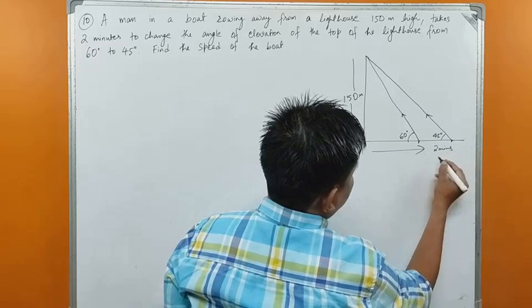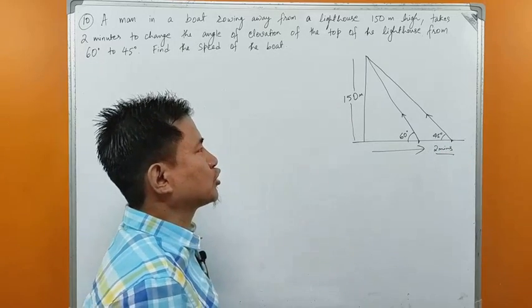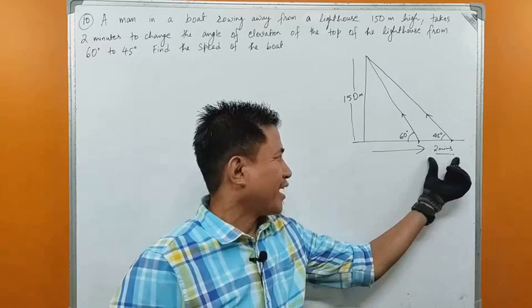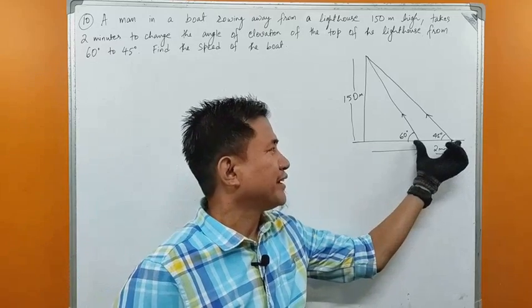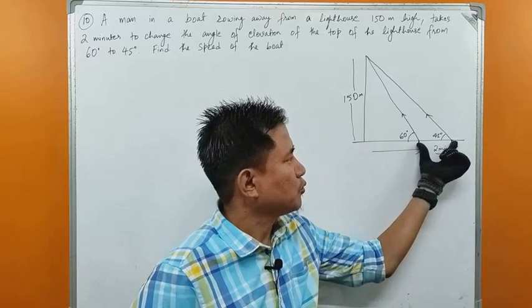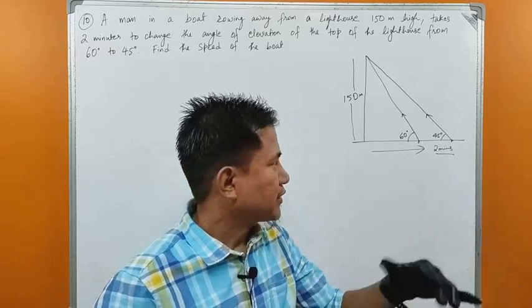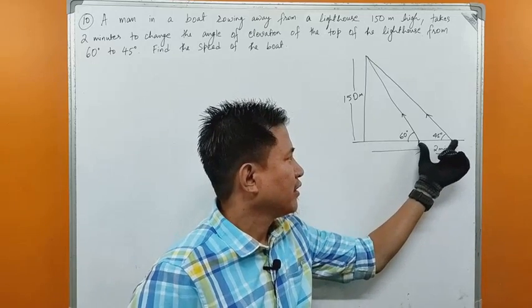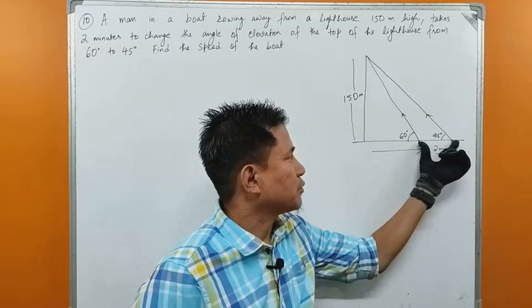We are asked to find the speed of the boat. We are provided with time, so we now need distance. If we can find the distance between these 2 points, distance upon time gives us the speed. So we will try to find the distance between these 2 points.